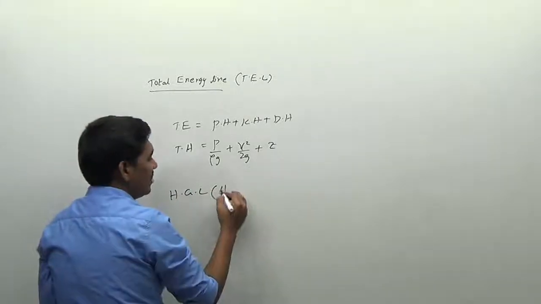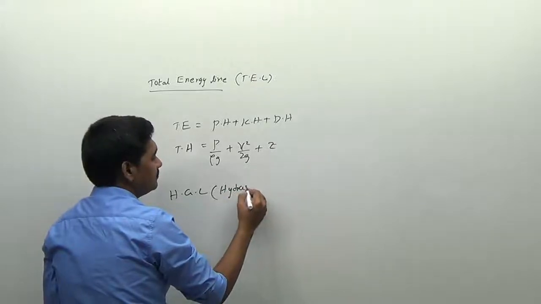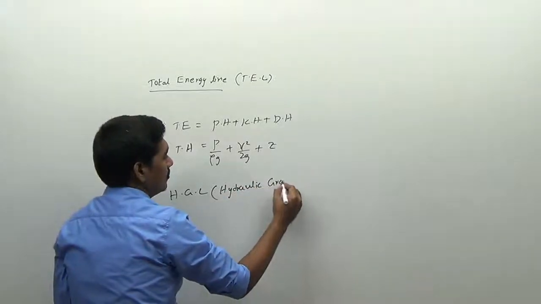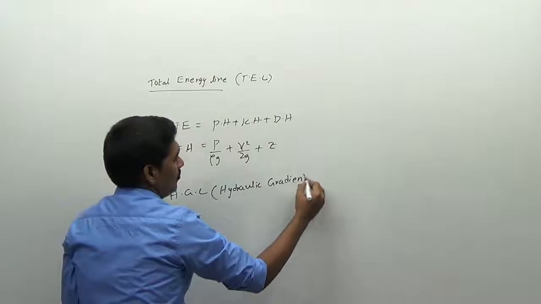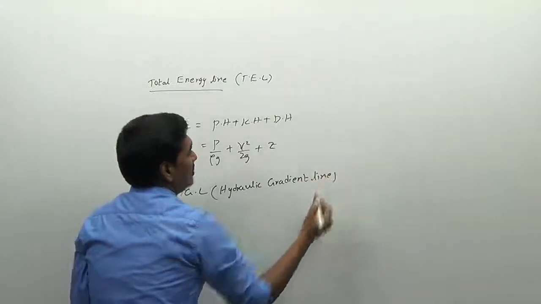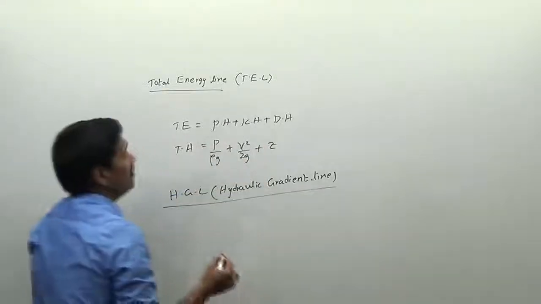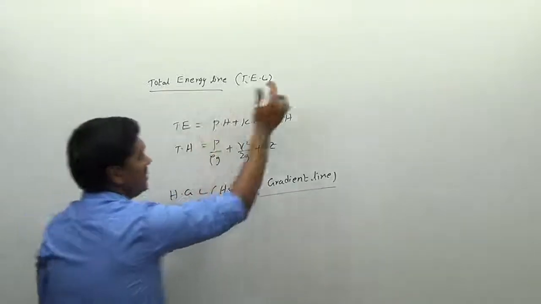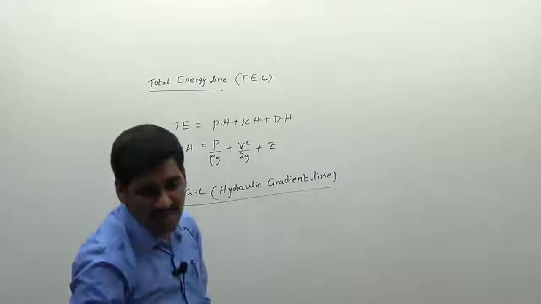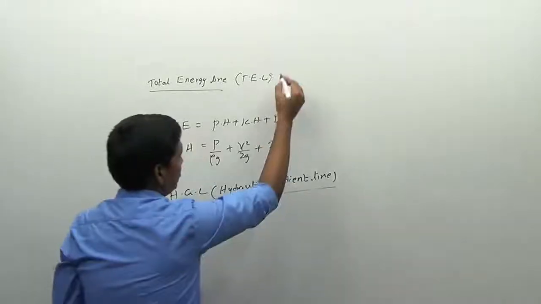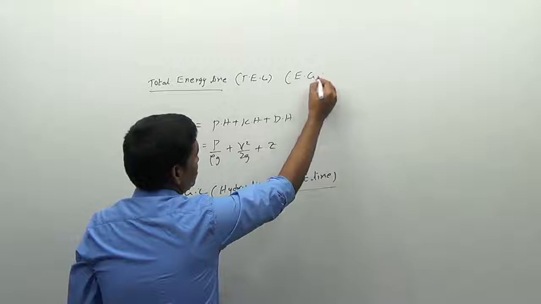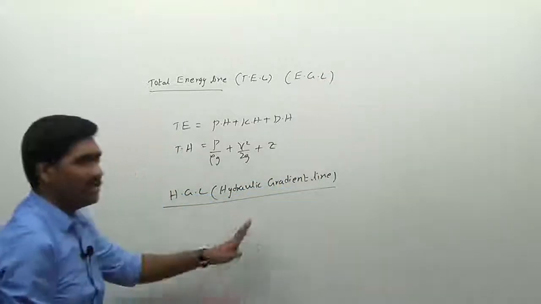The second line is called the hydraulic gradient line, HGL. The total energy line is also called the energy gradient line, and this is called the hydraulic gradient line.